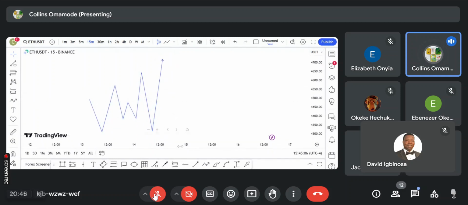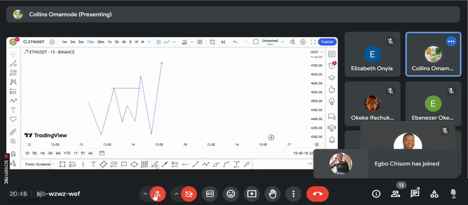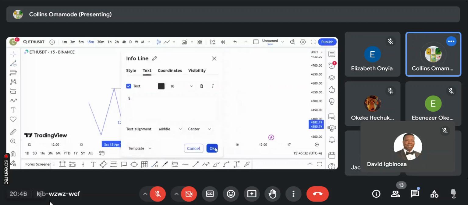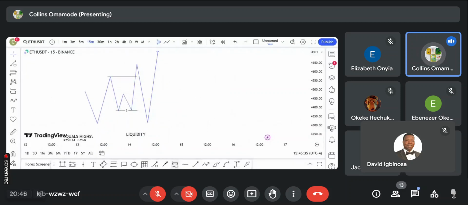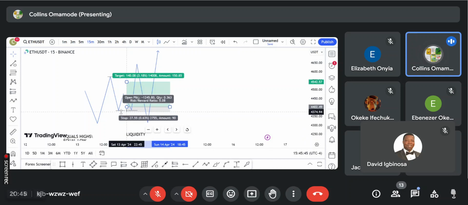This is how price works. Because some people that trade double bottom, double top, and the rest, they will say, price has created a double top, let me just buy here, and now they put their stop loss below like this, and they say, okay, price will continue going up.